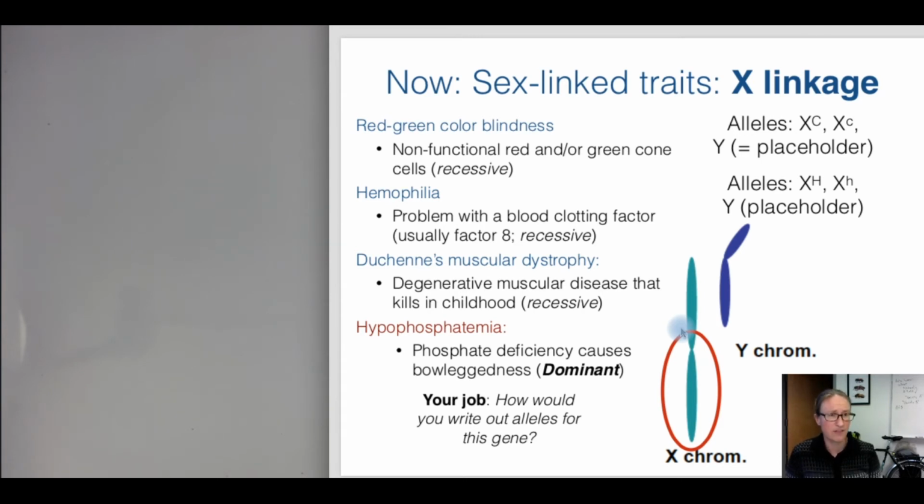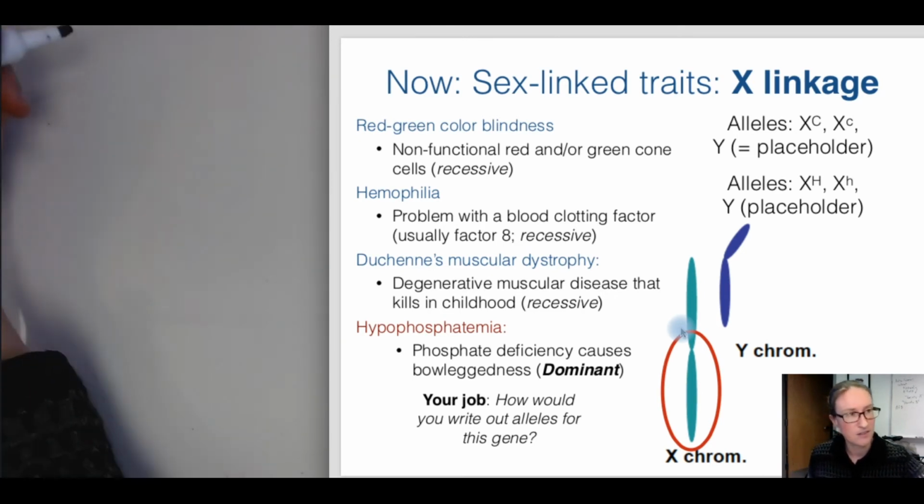That's also recessive. There's also a condition called Duchenne's muscular dystrophy, which is a degenerative muscular disease that happens in childhood. And the last one here is called hypophosphatemia, where an individual winds up with a phosphate deficiency that can cause bow-leggedness.